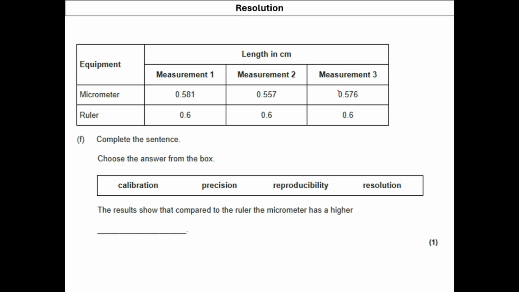Well, the micrometer can measure down to 0.01 centimeters. The ruler can only measure down to 0.1 centimeters. So this one, the micrometer, has a better resolution. That means it has a higher resolution.